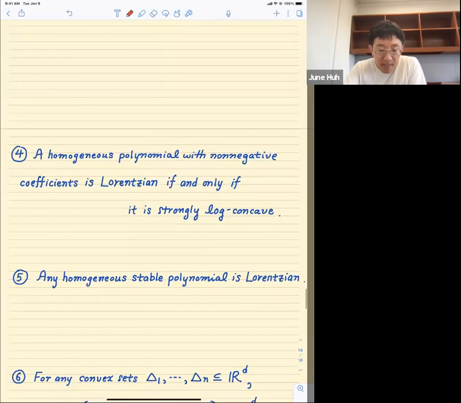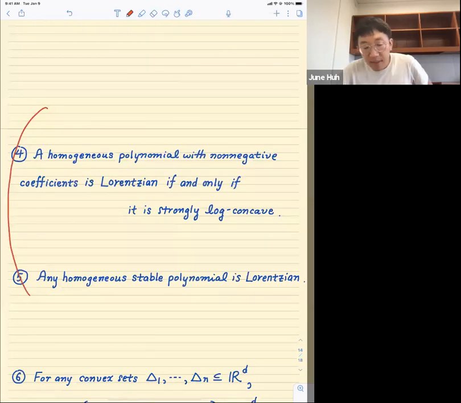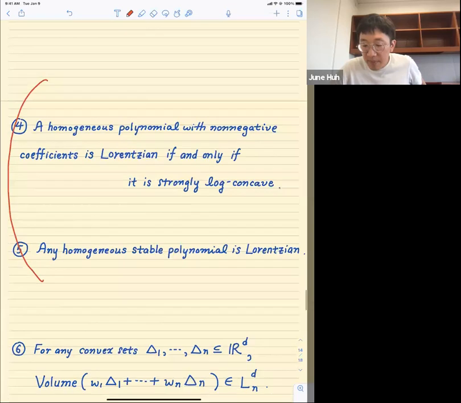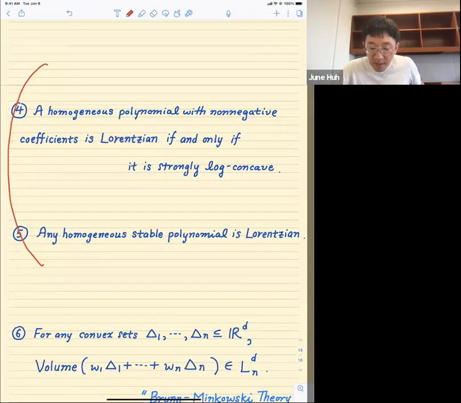And let me skip 4 and 5. The point being, then you can characterize this class of polynomials by some analytic condition. And there's the study of stable polynomials, recently popularized in the context of the Kadison-Singer conjecture and so on. These are all Lorentzian, and this is where my collaborator Petter is coming from.